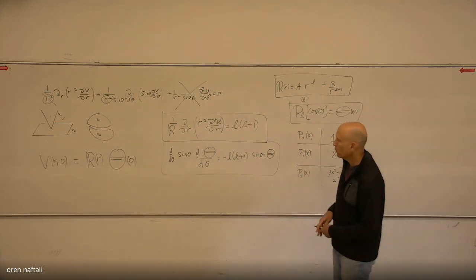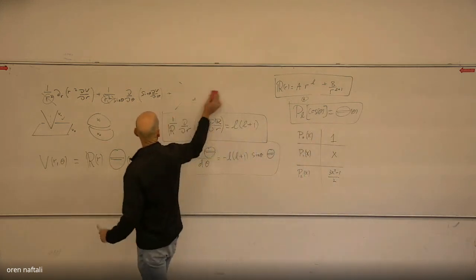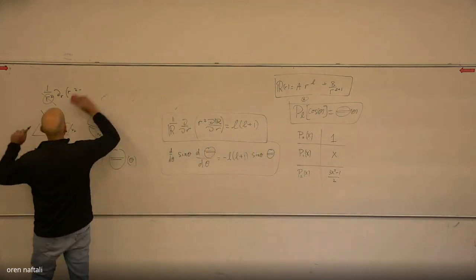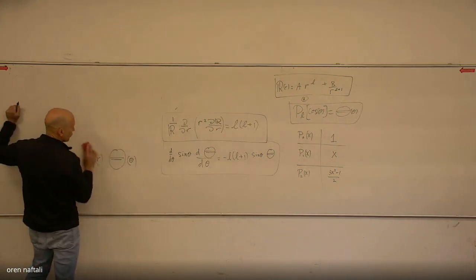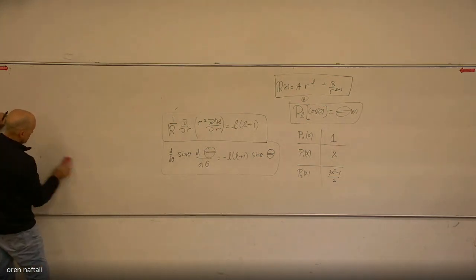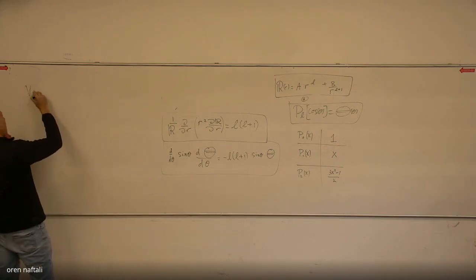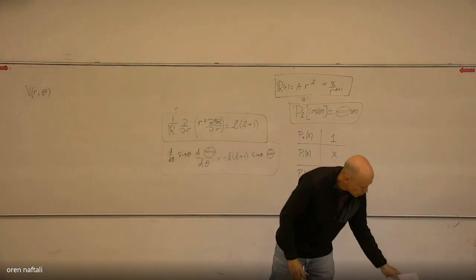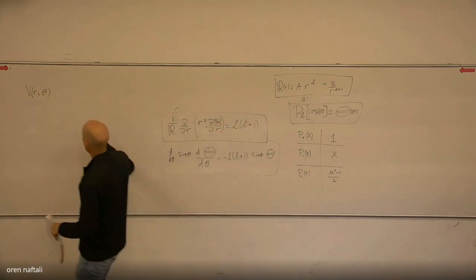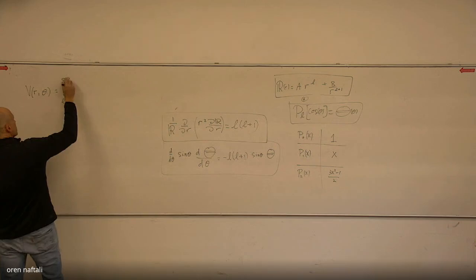So the bottom line is that now the solution is given by an infinite sum. The infinite sum now is not over n that we had before in the Cartesian coordinates, but over L. So V of r and theta, again no phi because we assume some symmetry, is equal to the sum over L, and L goes from 0 to infinity in this case.